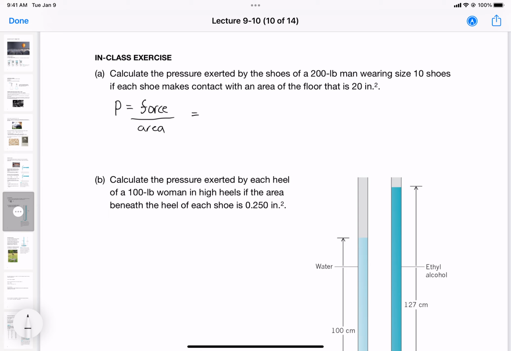Because we would assume the pounds are distributed between both feet. So we're going to say 100 pounds, and still the area is 20 inches squared. Okay, so this would equal a pressure of 5 pounds per inch squared.